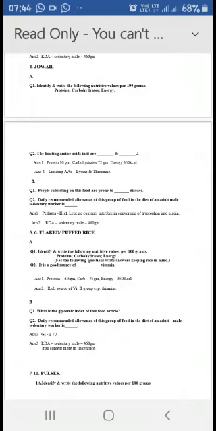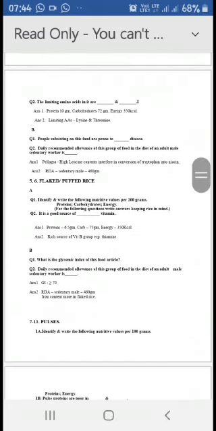The limiting amino acids are lysine and threonine, but the high leucine content will interfere in the conversion of tryptophan into niacin. The recommended daily allowance, again, is 460 grams.